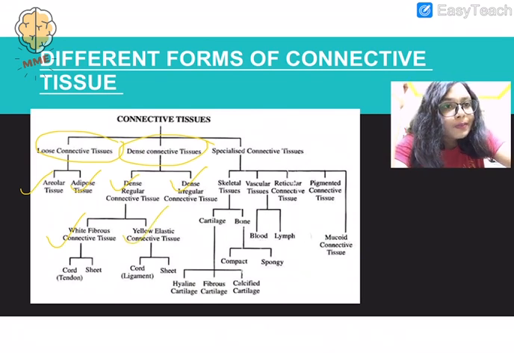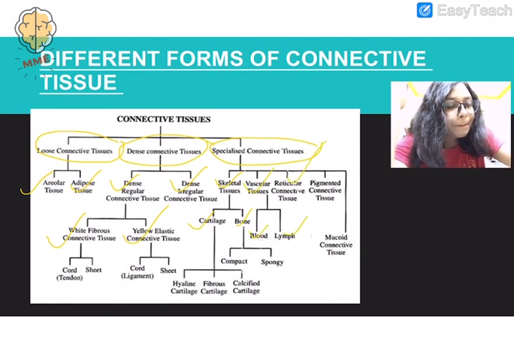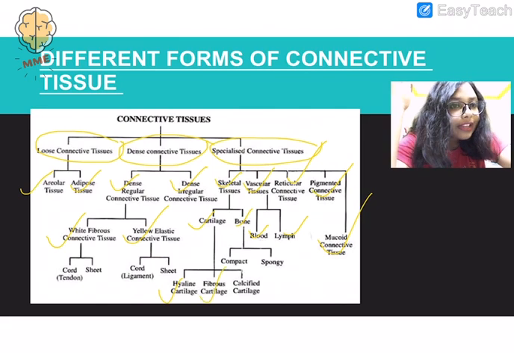Then we have specialized connective tissue, like skeletal tissue, meaning bones and cartilage, vascular tissue like lymph and blood, reticular connective tissue, pigment connective tissue, mucoid connective tissue. Under the cartilage you have hyaline cartilage, fibrous cartilage, and calcified cartilage. This is a complete overview that you will have to remember.